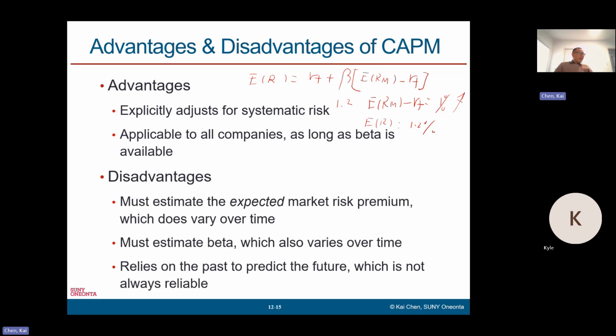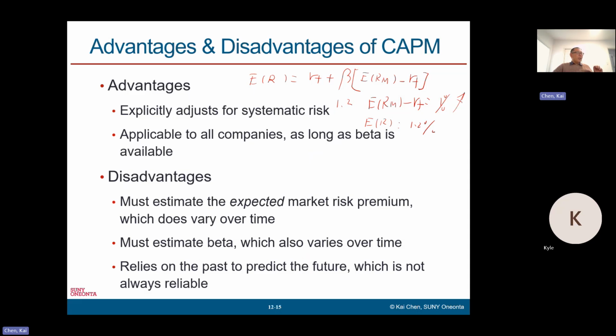Now, disadvantages. CAPM has some disadvantages. First of all, we must estimate the expected market risk premium, which does vary over time. We have to use historical data to estimate it, however this premium varies over time. Also, we have to estimate the beta, and beta is not stable either.